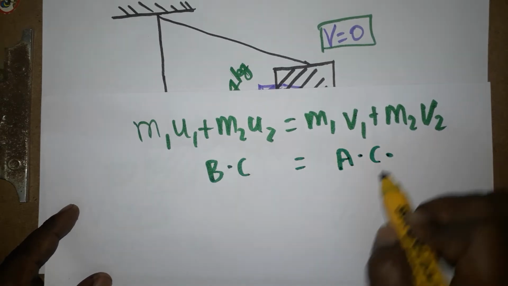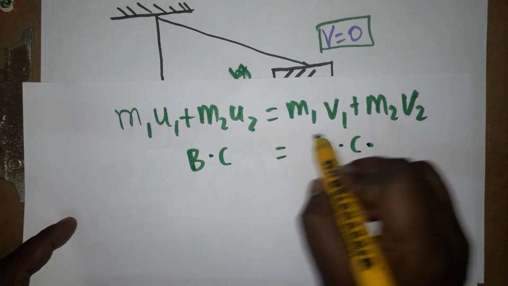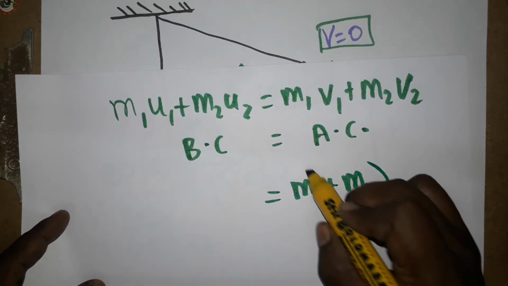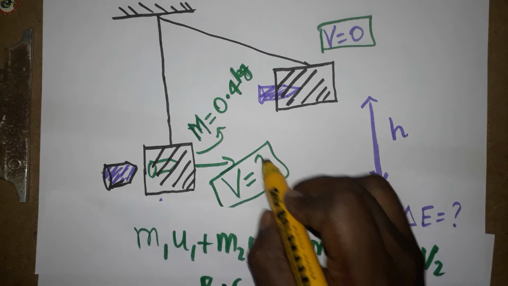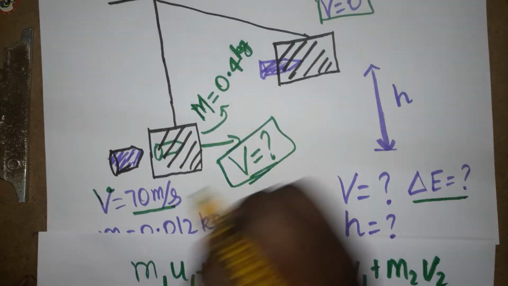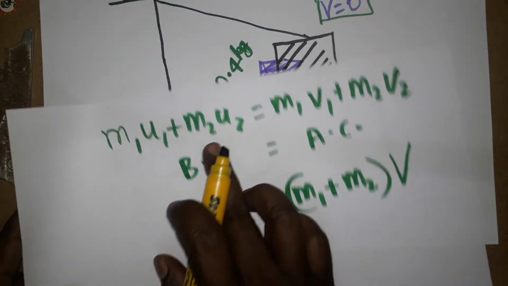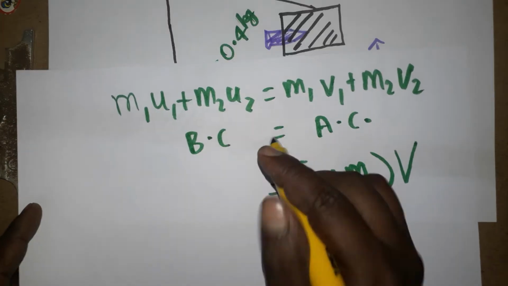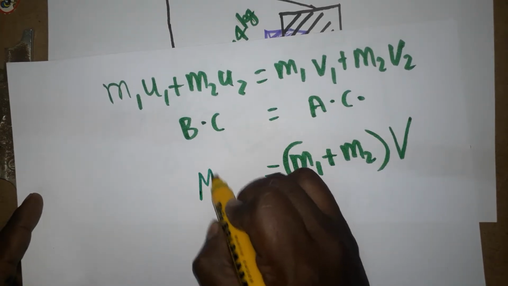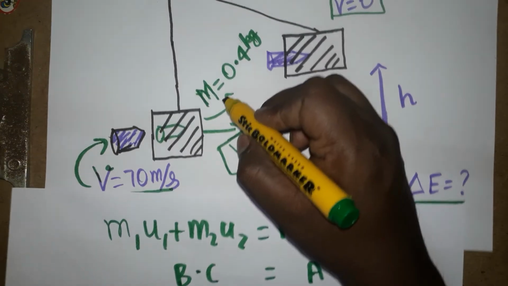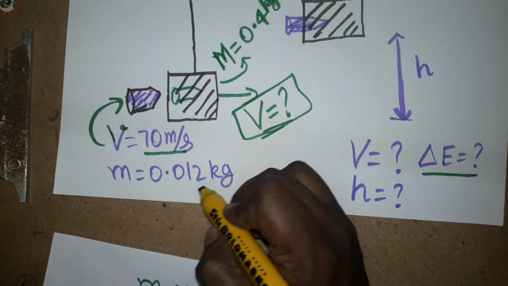After collision both masses, m1 plus m2, move together with capital V velocity. Capital V is the velocity together, small v is the velocity of the bullet. Initially the block velocity is 0, so capital mass times 0 plus the small mass, which I take as the bullet mass.